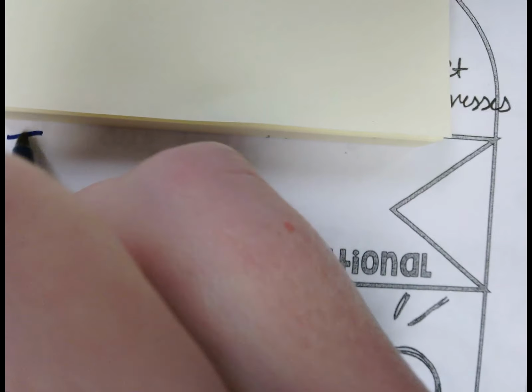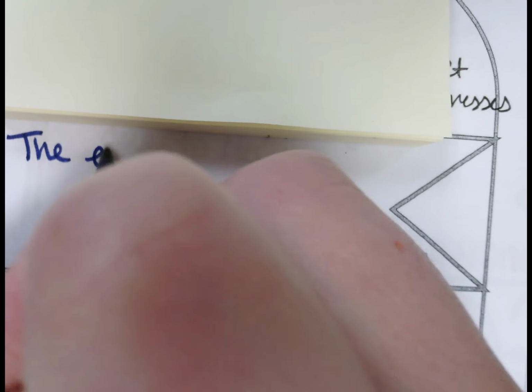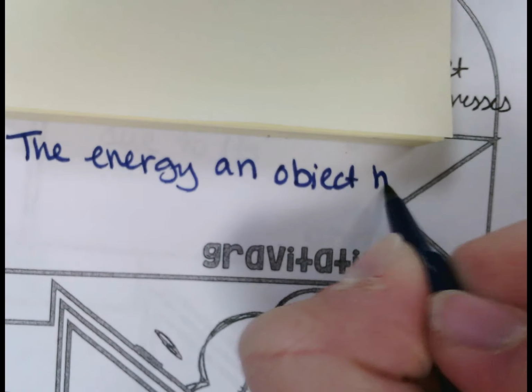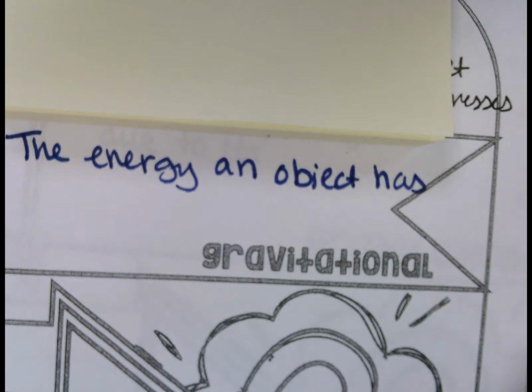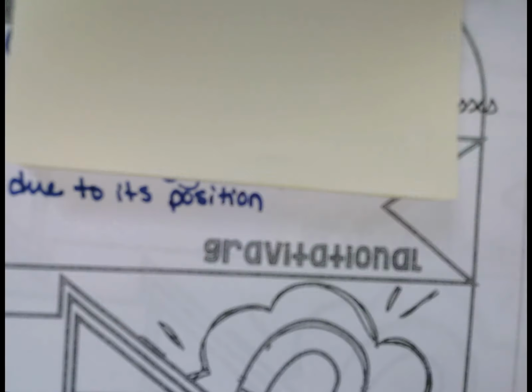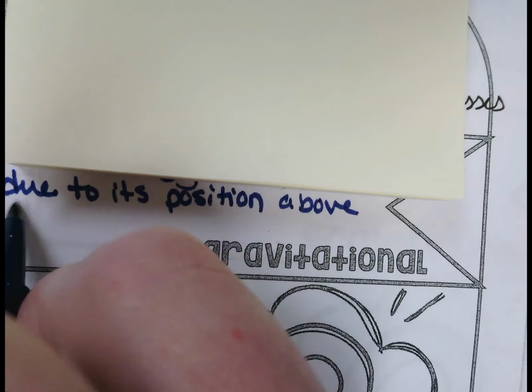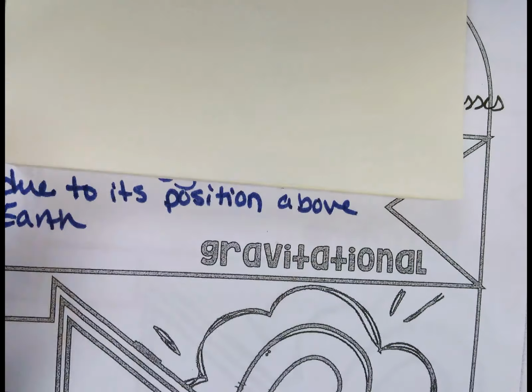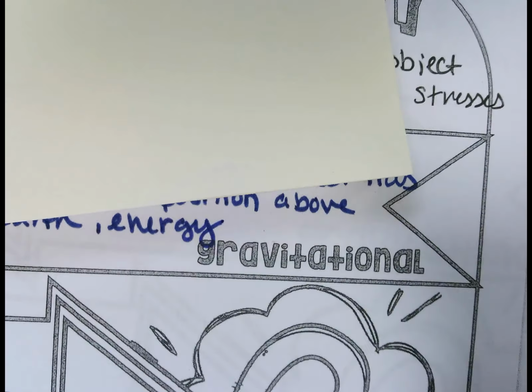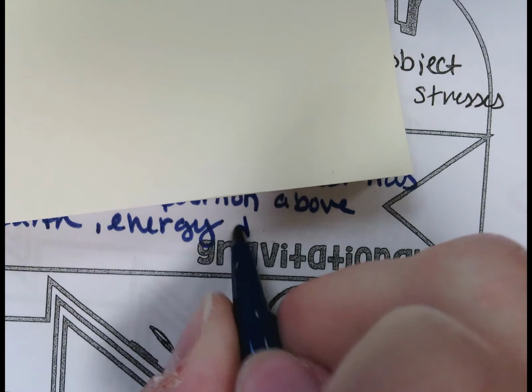The energy an object has due to its position above Earth, and the energy due to its height.